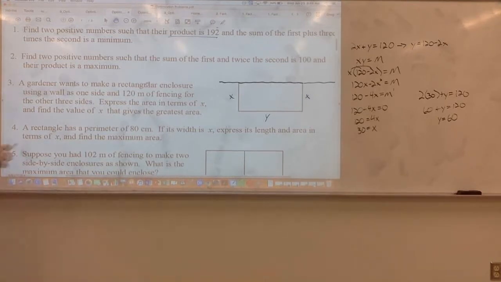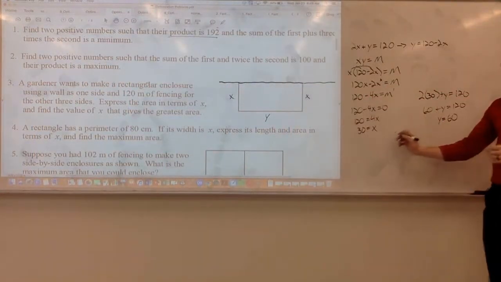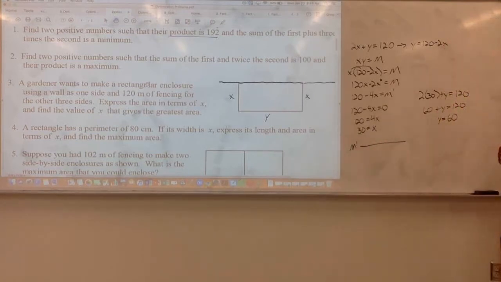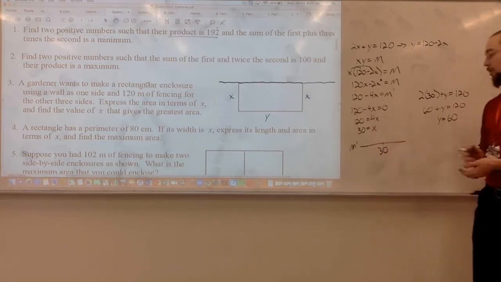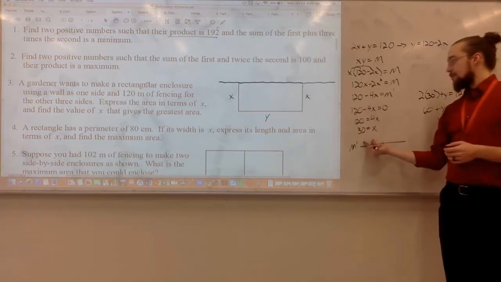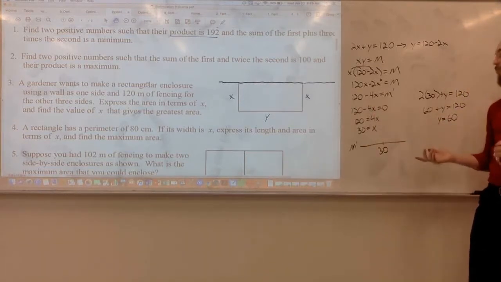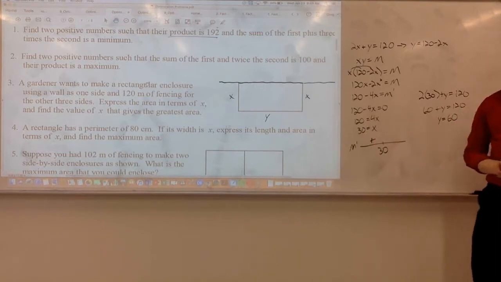Oh, yeah, I guess we should have. I jumped ahead. We should have done a sign chart to make sure that this was a maximum value. So we would want to put 30 on our sign charts. Plug a number less than 30 into the derivative. Well, let's do 1. So 120 minus 4 would be positive.